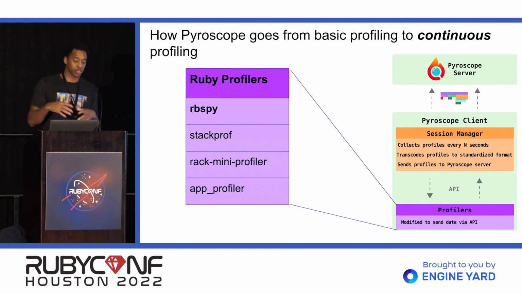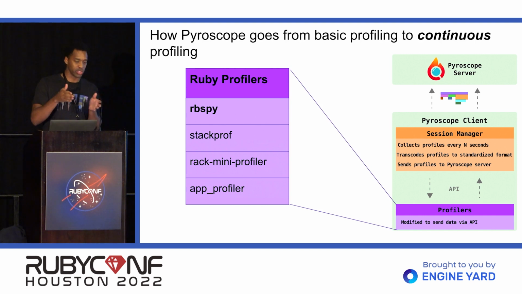But what Pyroscope does, and what we'll talk a little bit more about as this talk goes on, is basically taking data from any of these profilers. In Pyroscope's case, the client uses rbspy, but it takes any of these profilers and sends them to an external server that allows you, without having to tell your application when to profile itself or having to actively profile your application when you want to see something, to profile it all the time.